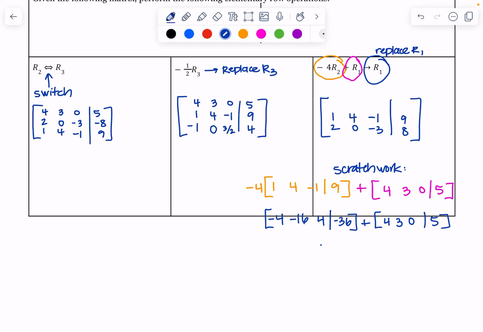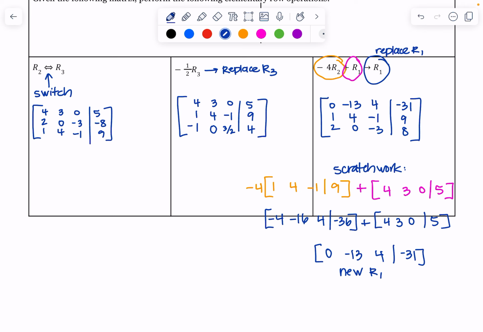And when I do that, I get -4 plus 4 is 0. -16 plus 3 is -13. 4 plus 0 is 4. And then -36 plus 5 would be -31. So this is my new R1 because it says replace R1. So up here, I would have 0, -13, 4, -31.